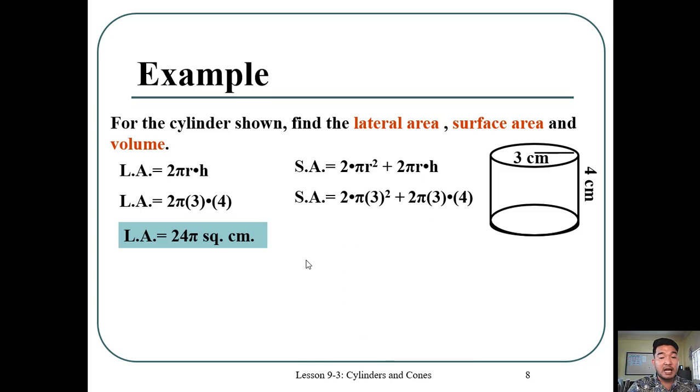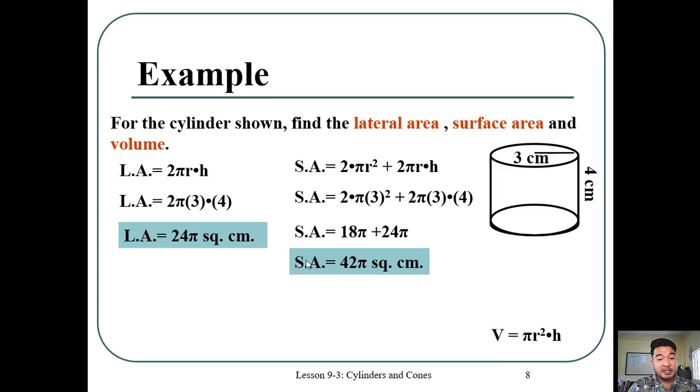By substitution, you will have 2 times pi, that is equal to 6.28 times 3 squared, which is 9, then we add the 2 times 3.14 times 12, our 24 pi from earlier. That is equal to 131.88, or 18 pi plus 24 pi, which is equivalent to 42 pi square centimeters. So there you go, the lateral area and surface area of the cylinder.